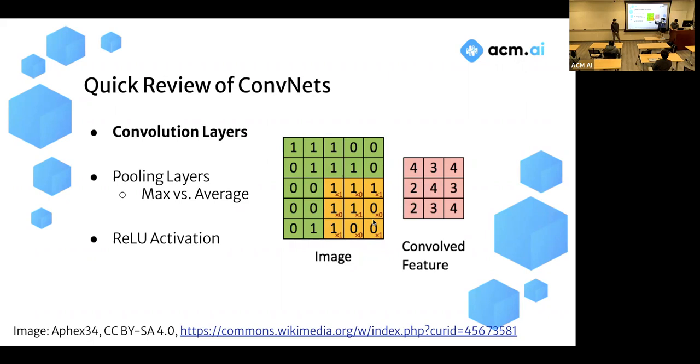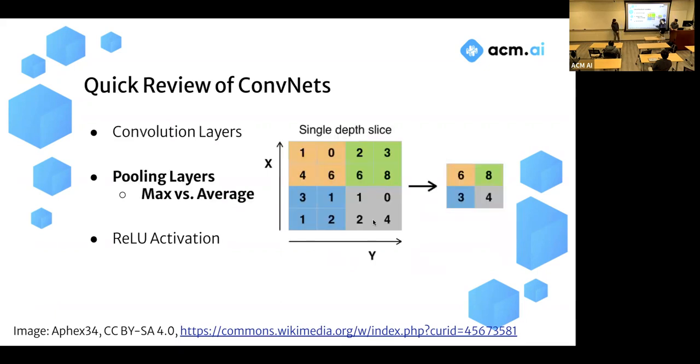You can imagine there are multiple different filters with different weights, and at the end of the convolution there's a stack of multiple convolved features, and that will be passed on to a pooling layer, which is a technique to condense our feature while preserving the most important information.